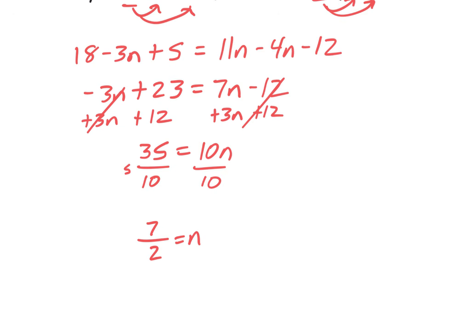Okay. If I wrote n equals 3.5 here, is that okay? Yeah, it's the same thing. Okay, and I don't have necessarily a problem with this kind of decimal. The issue is when we run into repeating decimals and big long decimals, that I would rather not write an answer as a decimal. So I would probably just get in the habit of always writing your answer as a fraction.